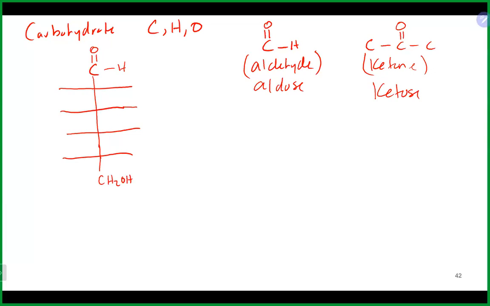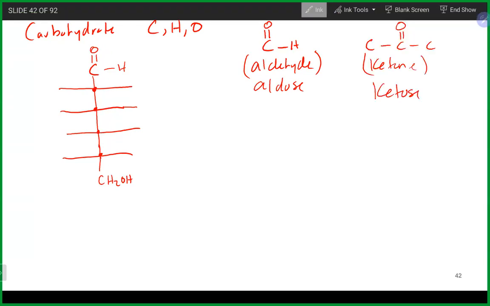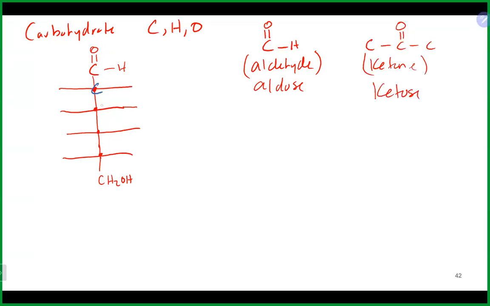Once again, where each of these lines intersect, those are carbons that are present. So there would be a carbon here, a carbon here, a carbon here, and a carbon here. They also usually will have some OH groups or hydroxyl groups and some hydrogens along the way here. It might have something like this, maybe.